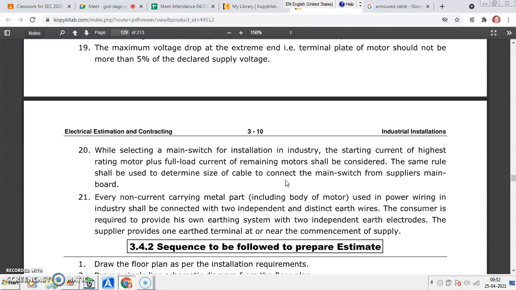So the starting current of the highest-rated motor means you have to see all motors and the ratings of all motors. You may have different ratings.